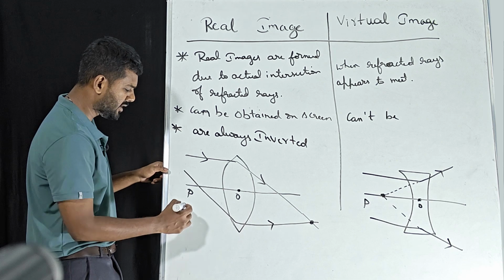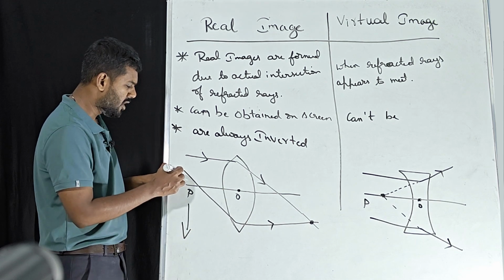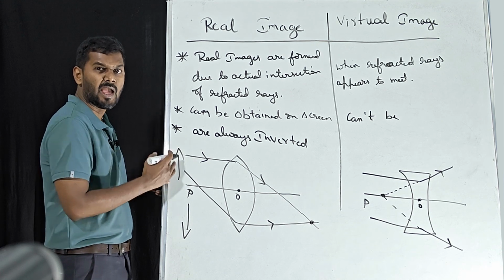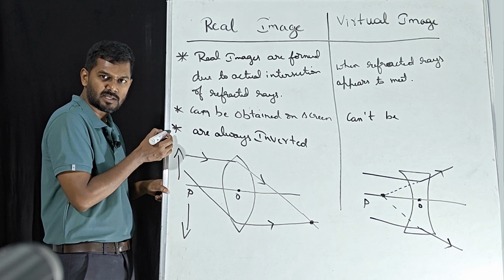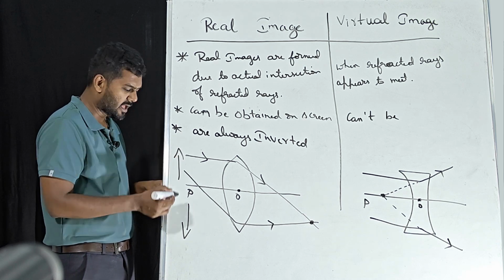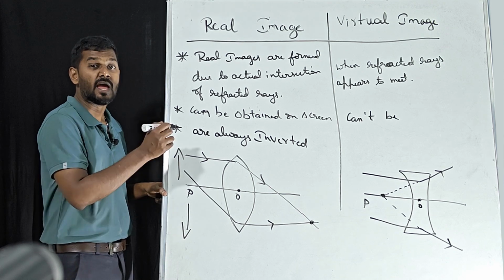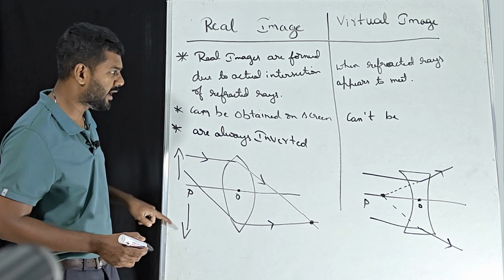Inverted means it is always upside down. Image will be always upside down. If the object is upside, it will be erect. So if the image is like this, this is called erect, and if the image is facing downward direction, this is called inverted. So real images are always inverted.